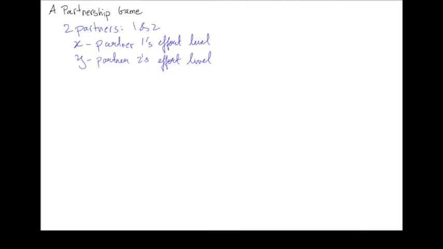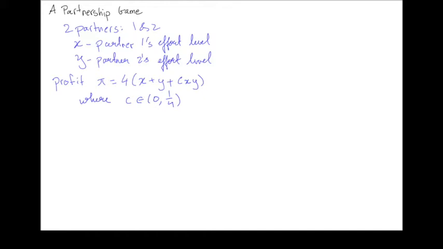The profit that their partnership yields is a function of both of their effort levels. So their profit, which I'll represent by pi, is a function of x and y. It's 4 times x plus y plus c times x times y, where c is some number between 0 and a quarter, so strictly greater than 0 and strictly less than 1/4.